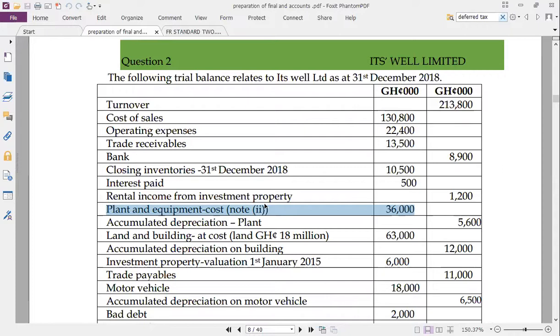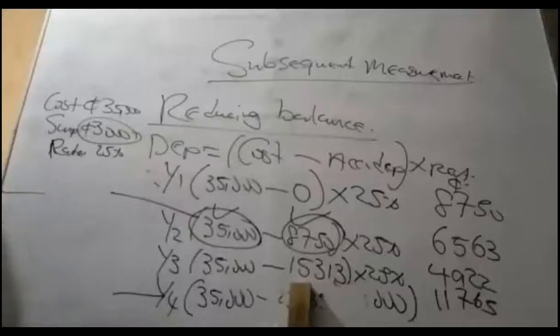36,000. Agreed. Is there any accumulated depreciation? 5,600. Agreed. So what do you do? You subtract this 5,600 from the 36,000. Whatever remains times 12.5%, and that's the calculation of the depreciation. So for Success, it will be something like this.